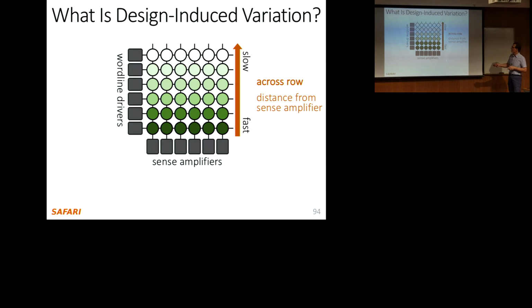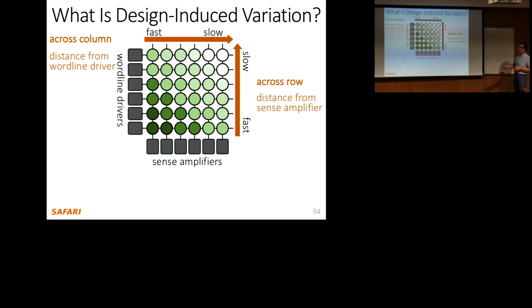Across the row, some cells are closer to the sense amplifiers, some are farther away. If you're closer to the sense amplifiers, you're naturally faster because you're driven much more quickly. If you're farther away, you're driven much more slowly. So there's inherent variation because of that distance.